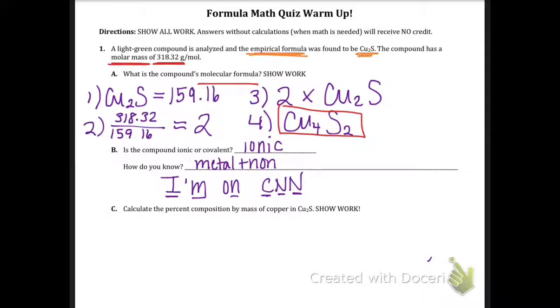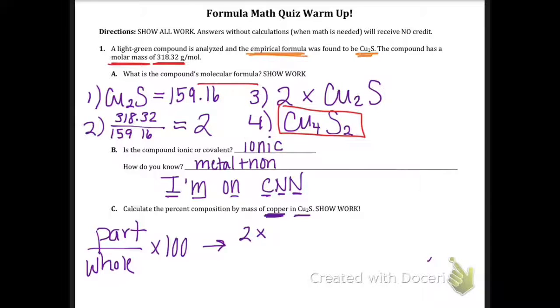The last question asks you to calculate the percent composition of just copper in this compound. Okay, so remember the equation is part divided by the whole times 100. Okay, so we have 2 coppers, so 2 times the mass of copper.